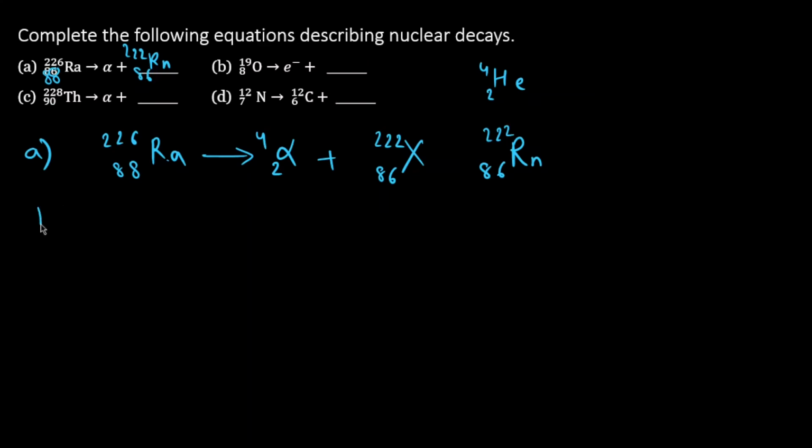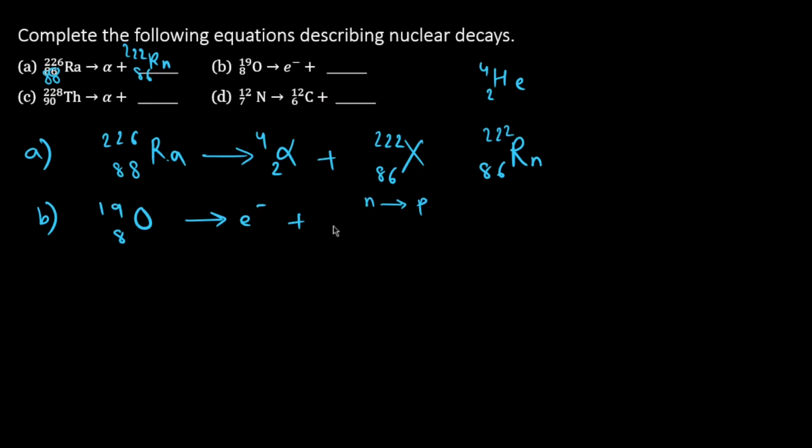Now let's look at the second. Oxygen 8, 19 gives you an electron plus. When an electron is released, we know that this is a beta decay, and a neutron is converted into a proton.